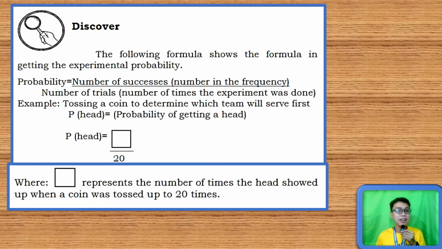The probability of getting the head is equal to the number of times the head showed up divided by 20, where the blank or the square represents the number of times the head showed up when a coin was tossed up to 20 times. The same goes for tail.